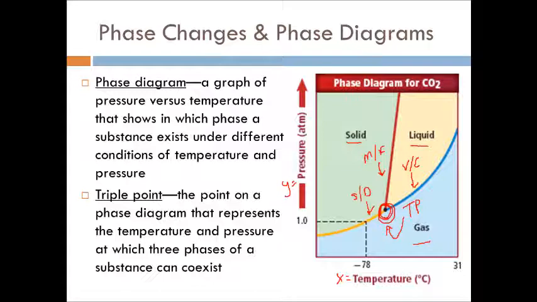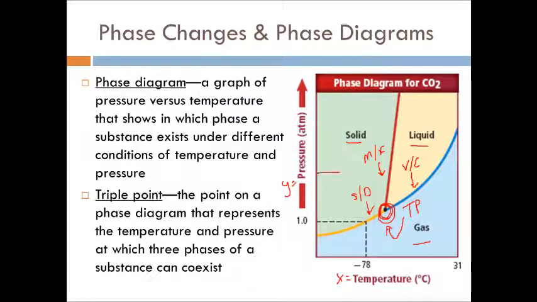In terms of looking at these, you're going to need to be able to identify where the phases are, what the different phase changes are, and know how to read it. So if I give you a pressure and temperature, make sure that you know how to figure out what state of matter it is, what phase change would be occurring, things like that. So let me give you an example real quick.